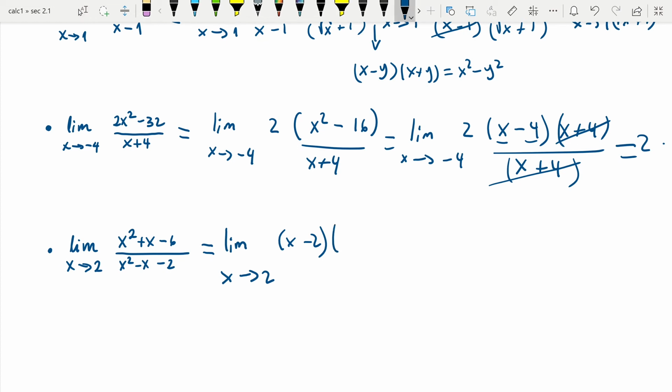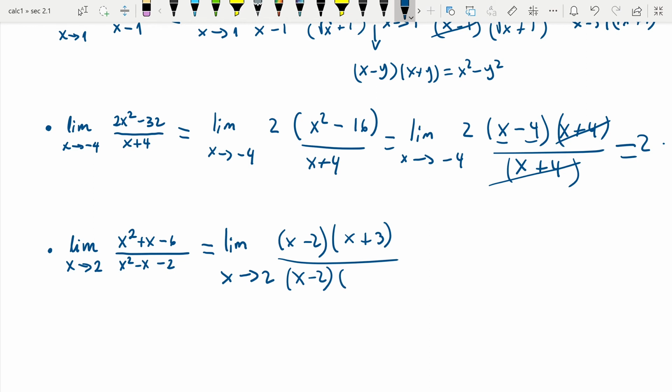So x squared plus x minus 6 is equal to what? x minus 2 times x plus 3, right? The coefficient in front of x is 1, so we need two numbers that add up to 1, and the product is minus 6. Minus 2 plus 3 is 1, and minus 2 times 3 is minus 6.